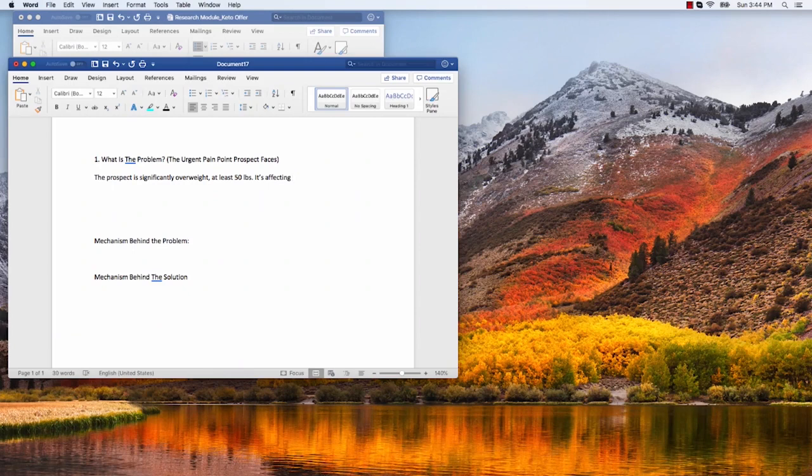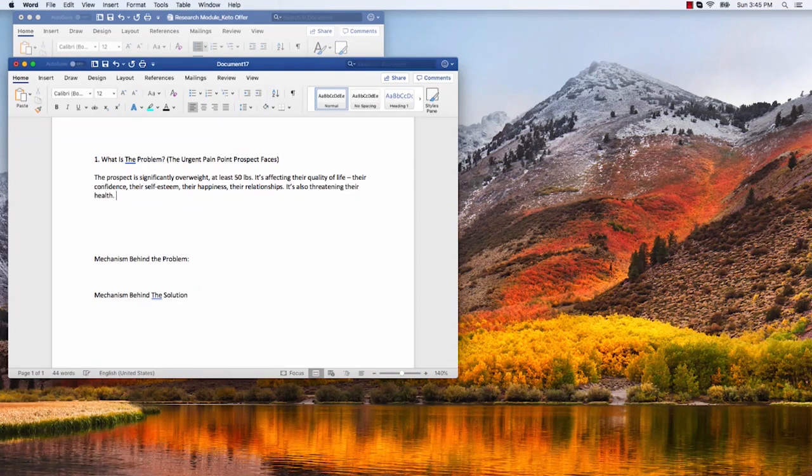It's affecting their quality of life, their confidence, their self-esteem, their happiness, their relationships. It's also, and this is a big part of it, affecting their health. Their A1C and blood sugar levels are high.